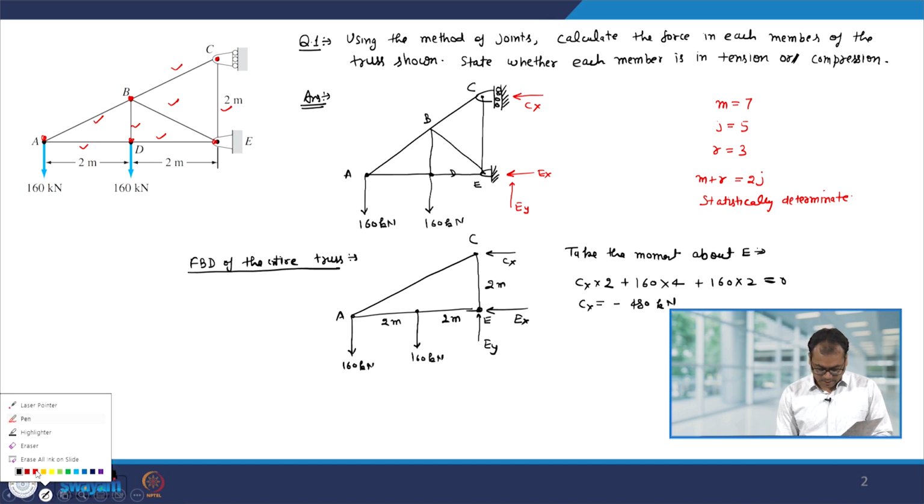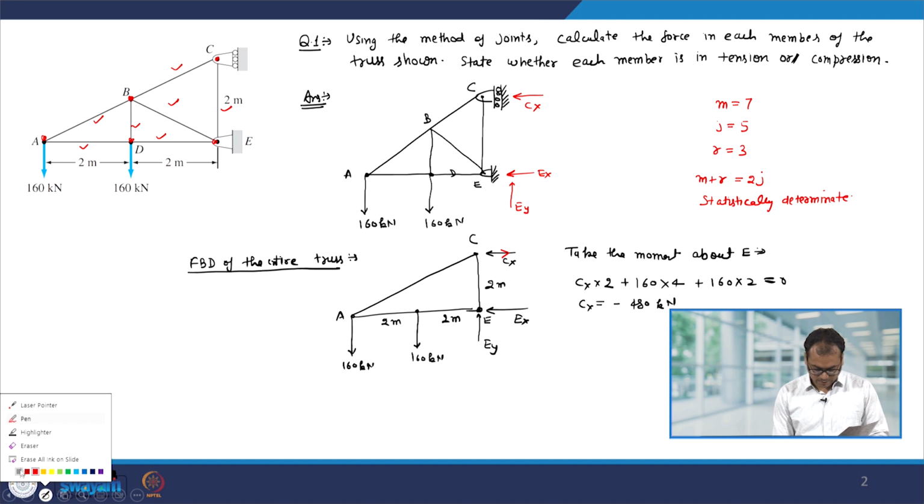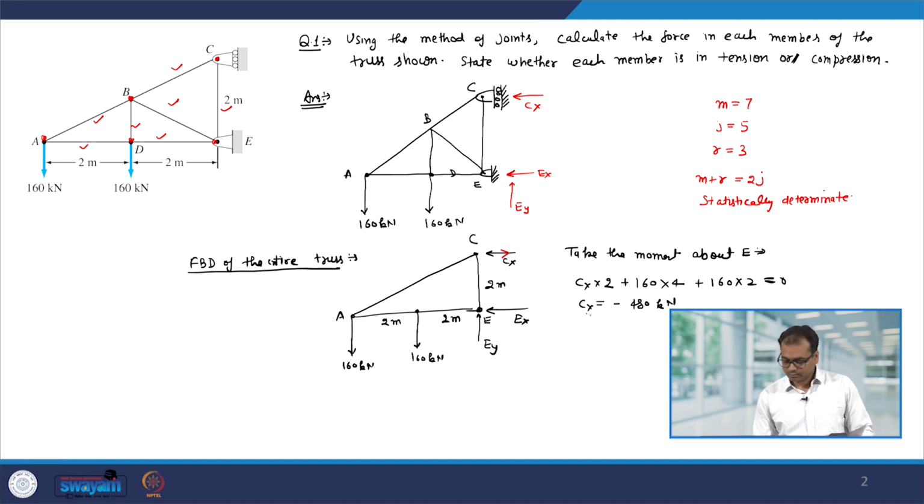This means that I have to change the direction of Cx. So, Cx should act in that direction. Cx is 480 kilonewton and it should act in this direction. Now, summation Fx gives Ex equal to Cx. So, this is 480 kilonewton, and of course, that acts in the opposite direction of Cx.